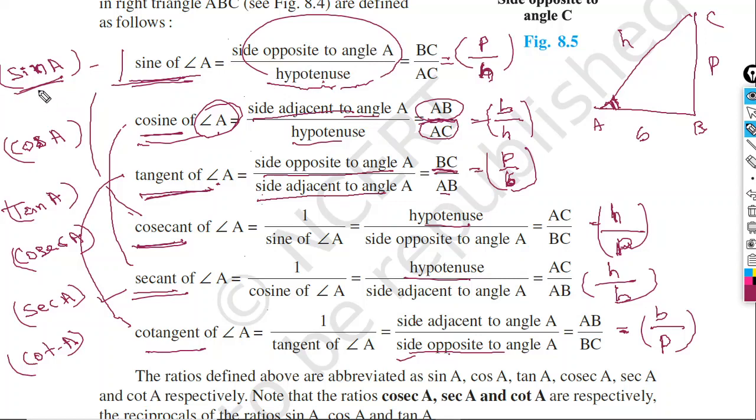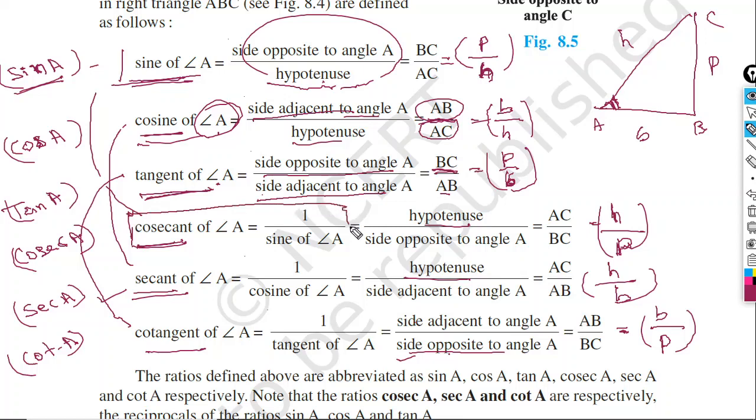So you can say sin A equals side opposite of angle A divided by hypotenuse, or in short you can write sin A equal to P by H, cos A equal to B by H, that means side adjacent of angle A divided by hypotenuse, tan A equal to P by B, cosec A equal to H by P, sec A equal to H by B, and cot A equal to B by P. Okay. So these are some formulas, and another set of formulas are these.